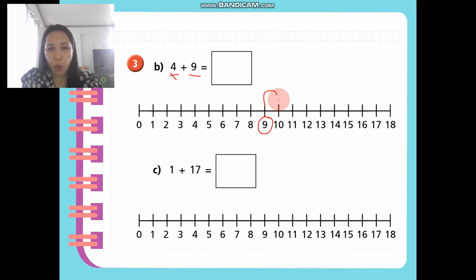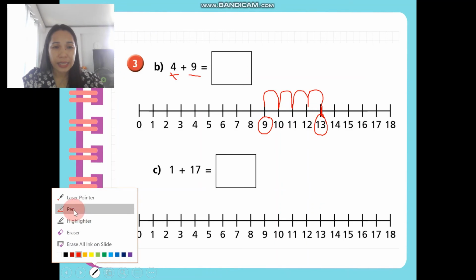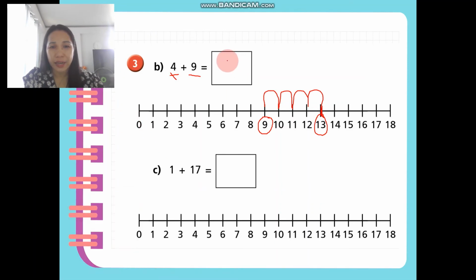So that's 1, 2, 3, 4. After jumping 4 times, I ended up at number 13. So therefore, 4 plus 9 is 13.